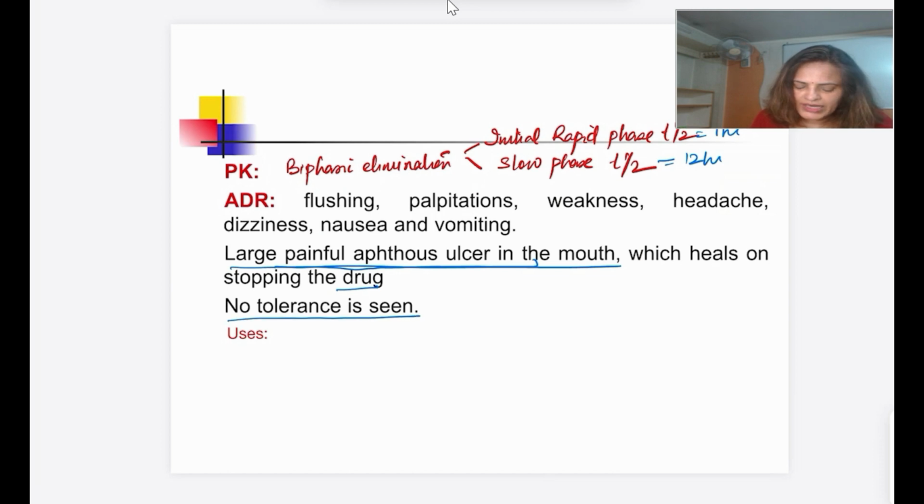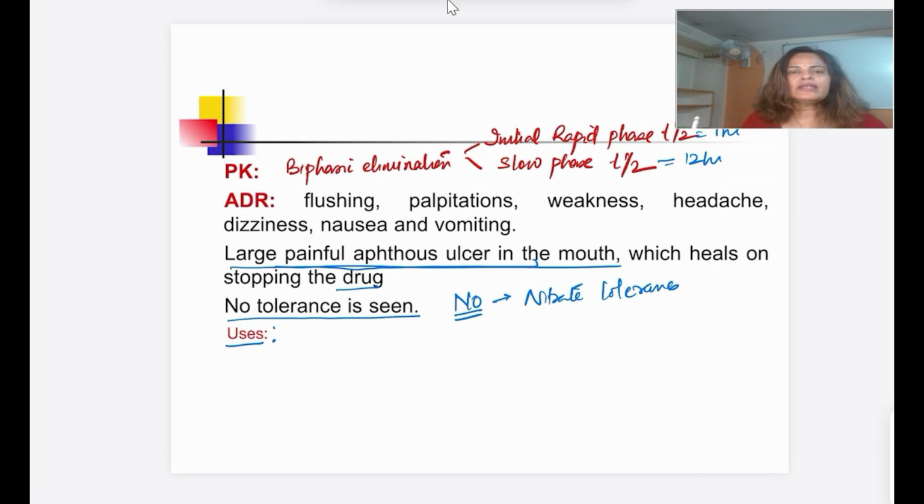Just like the nitrates, they also act by releasing NO, and there we see nitrate tolerance, but that is not seen with Nicorandil. So where can we use it? This is a second line anti-anginal drug, so we can use it in resistant angina along with the other drugs.